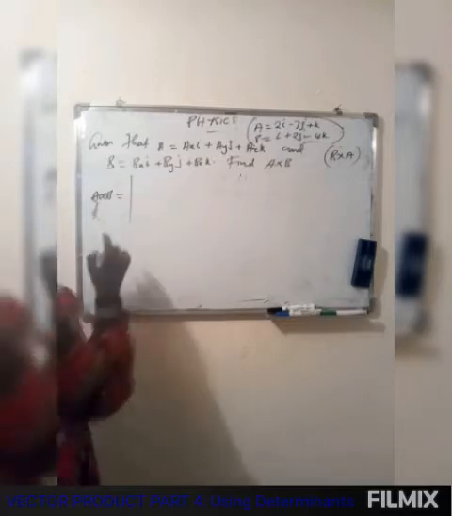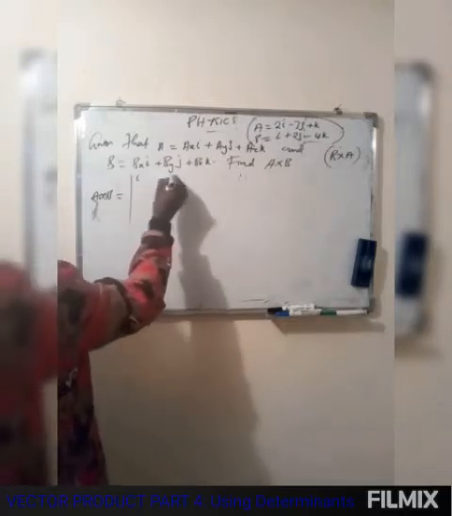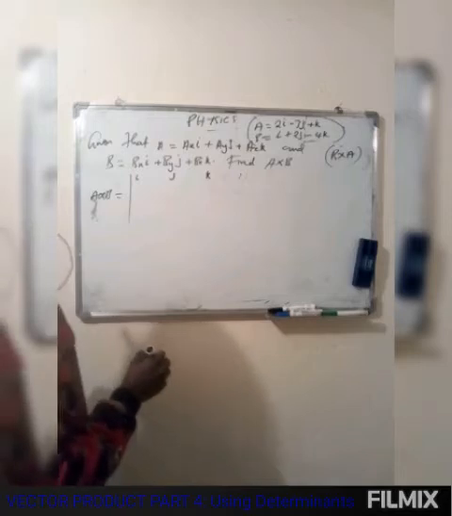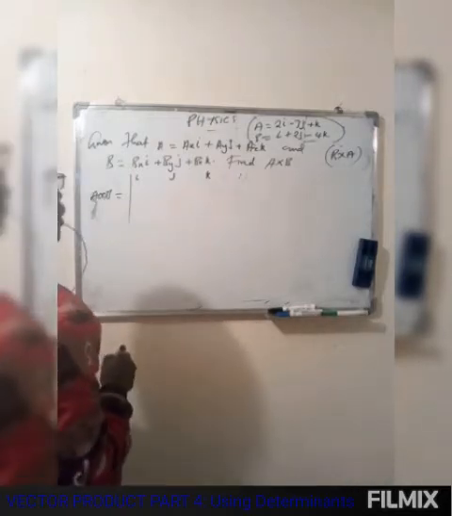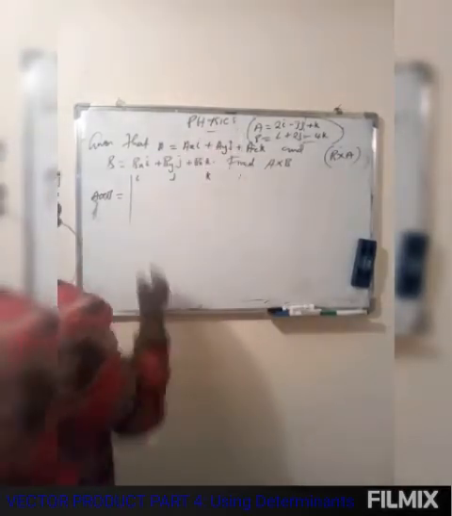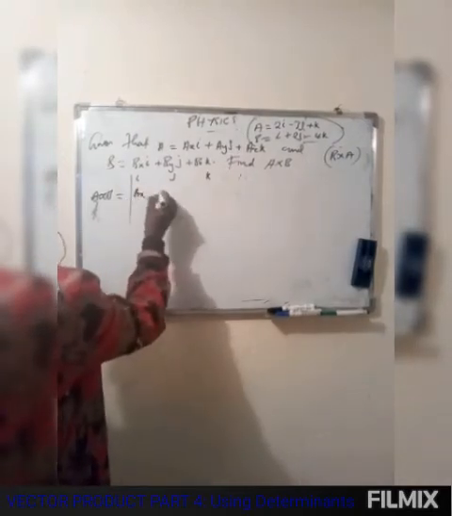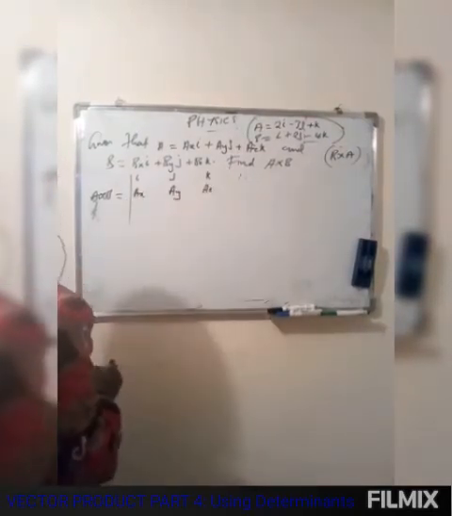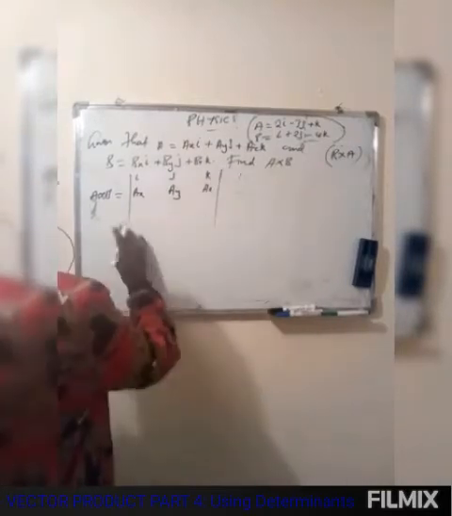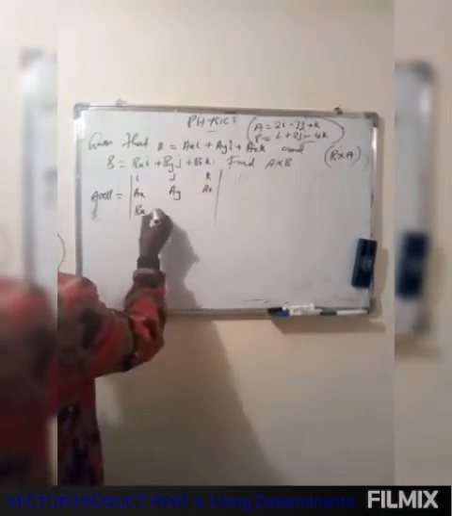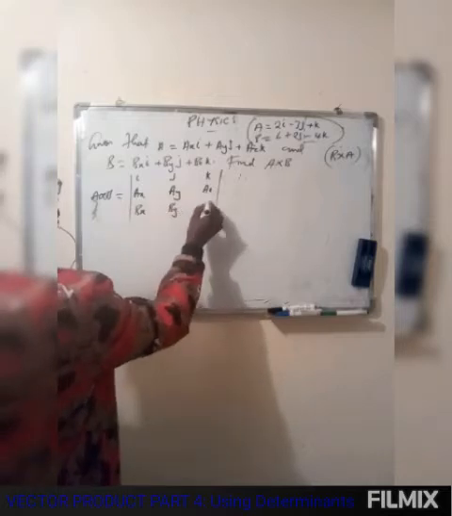The first row is going to have I, J, and K. And then the second row is going to have the coefficients in vector A, so we're going to have AX, AY, and AZ. And then the third and last row is going to have B, so this is BX, BY, BZ.